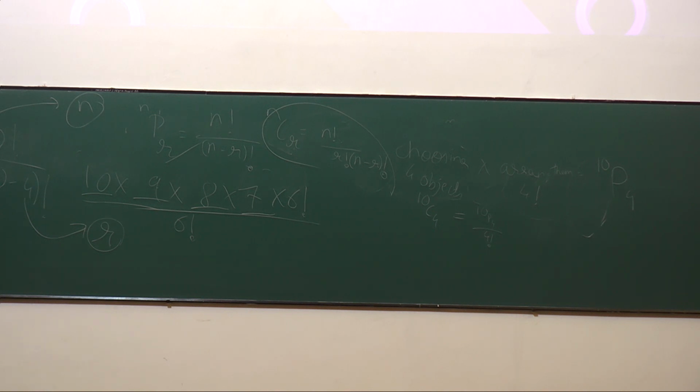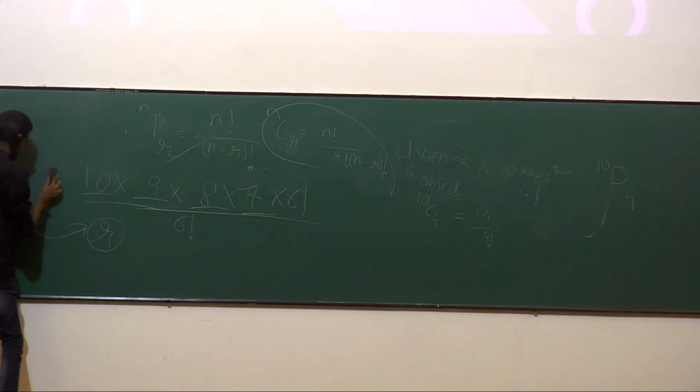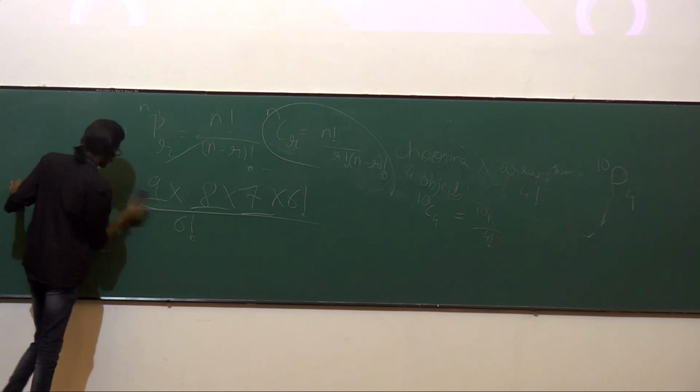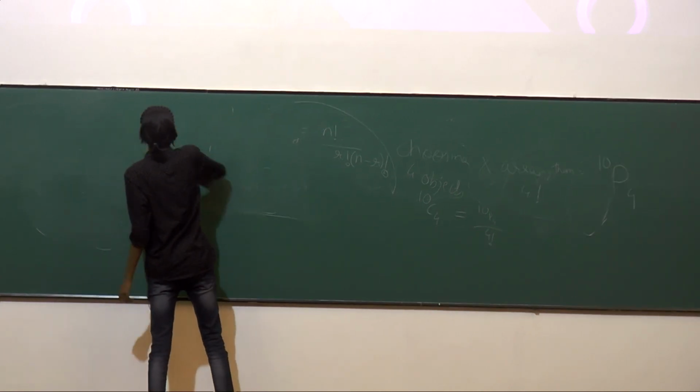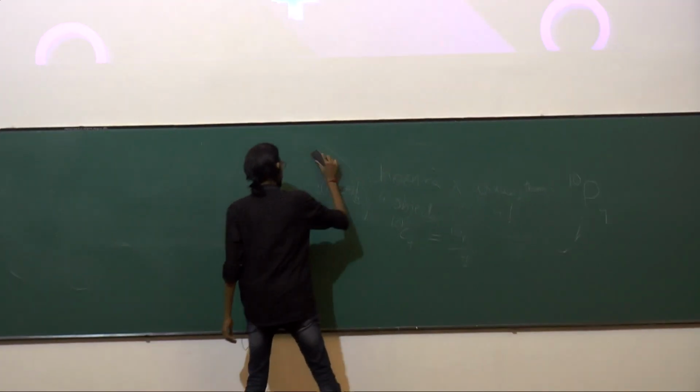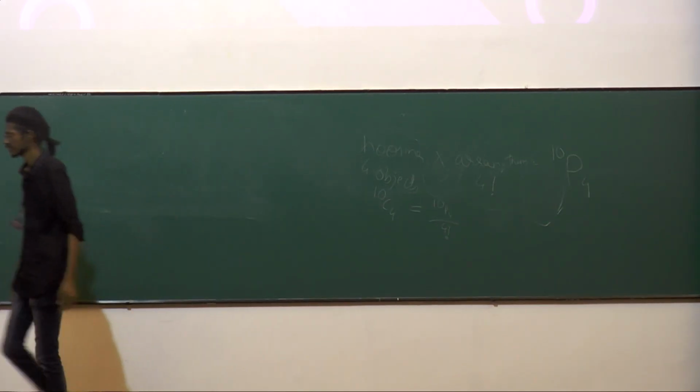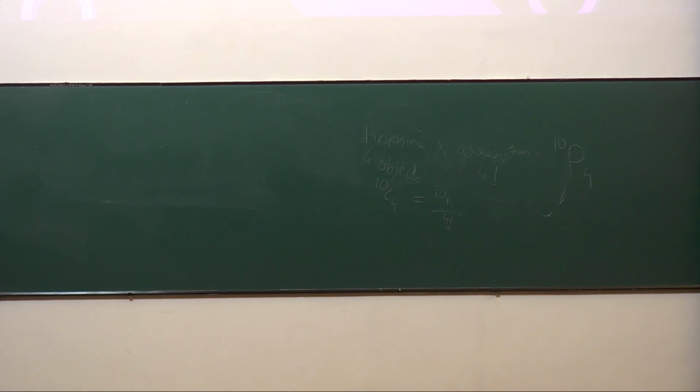So NPR and NCR just look scary to someone who has newly started permutation and combination, but these things are just created out of this basic principle of counting. Okay, so these are the results.